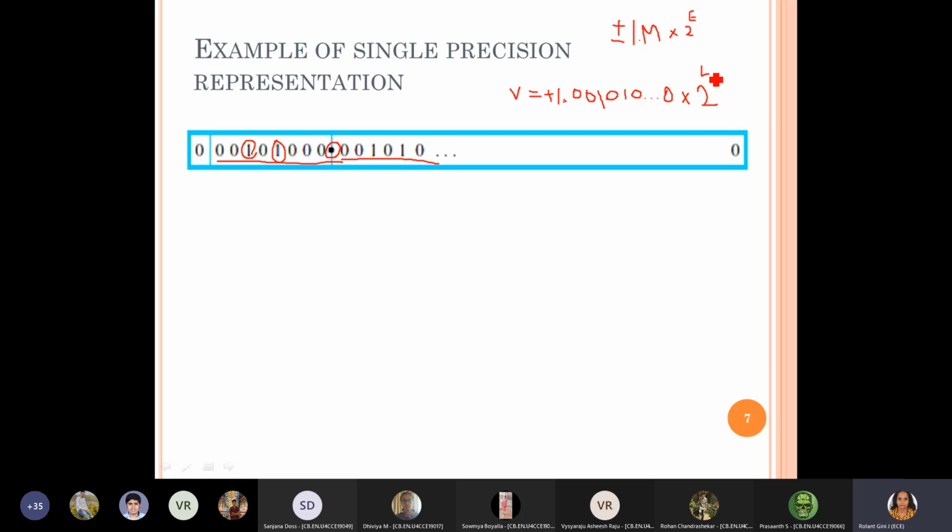So here you get 40 minus 127, which will be equal to minus 87.